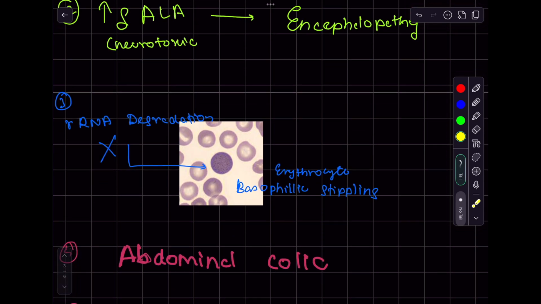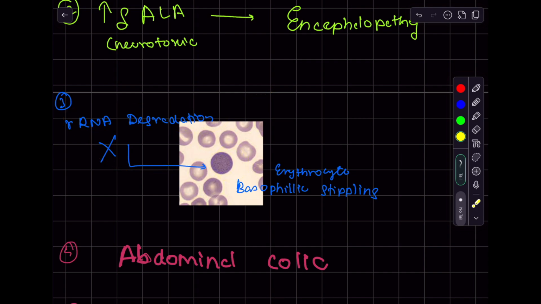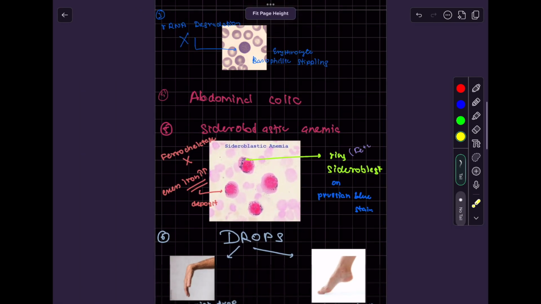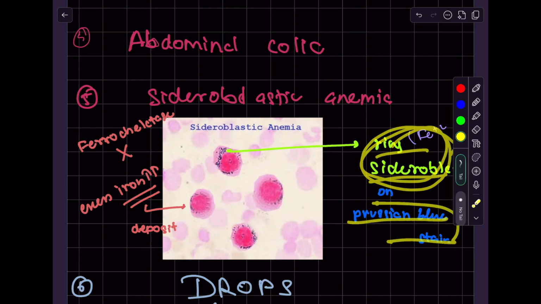Thirdly, as already mentioned, lead poisoning leads to rRNA degradation being impaired, which leads to rRNA being deposited in the RBC, causing erythrocytic basophilic stippling. Fourth, lead poisoning leads to abdominal colic. Fifth, as again discussed, ferrochelatase enzyme being affected leads to an increase in iron, excess iron which was not able to get converted to heme, gets deposited in the RBC, forming a ring sideroblast, which stains on Prussian blue.